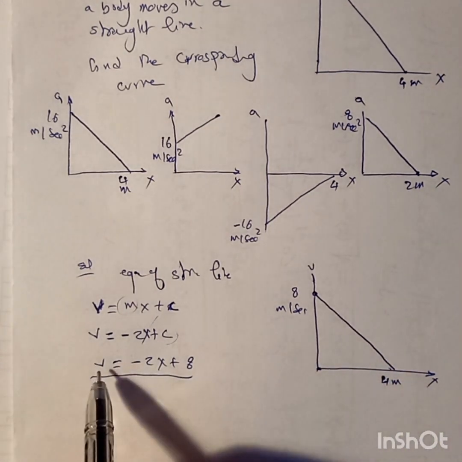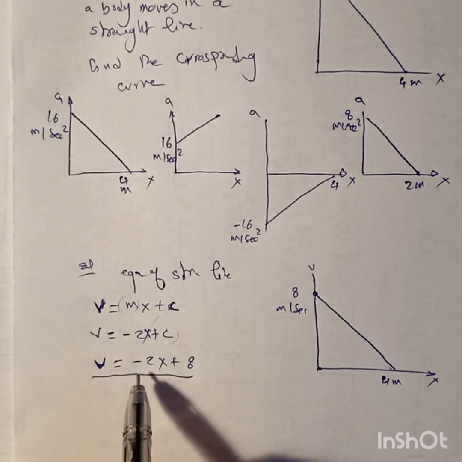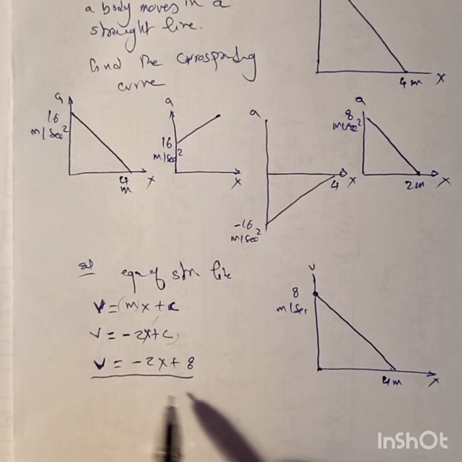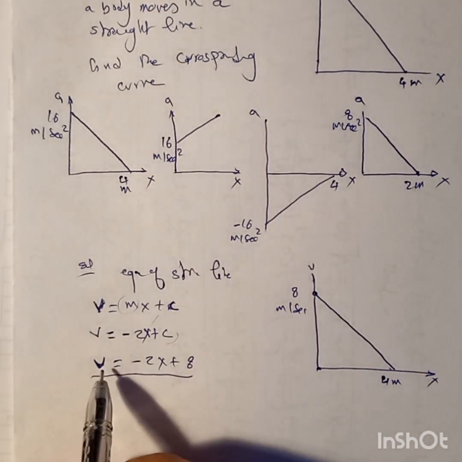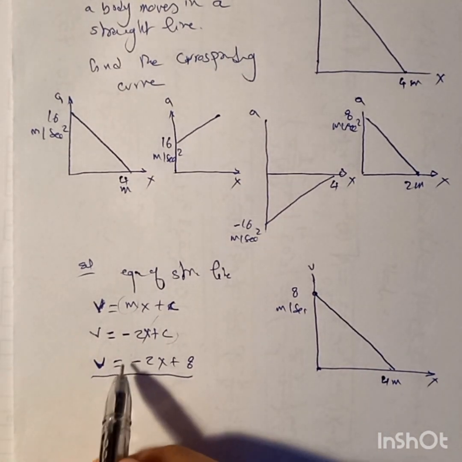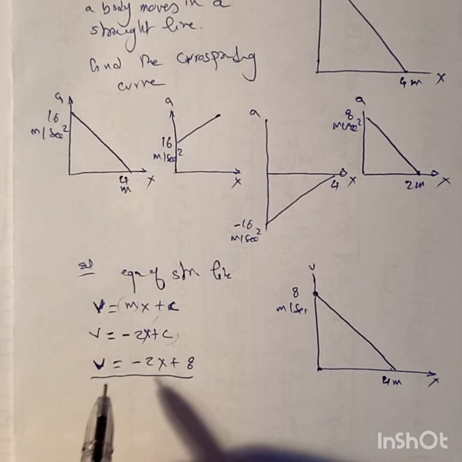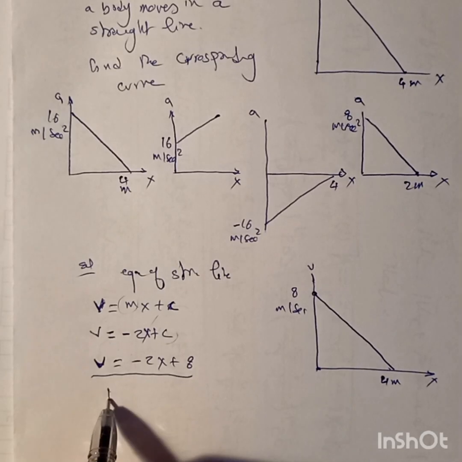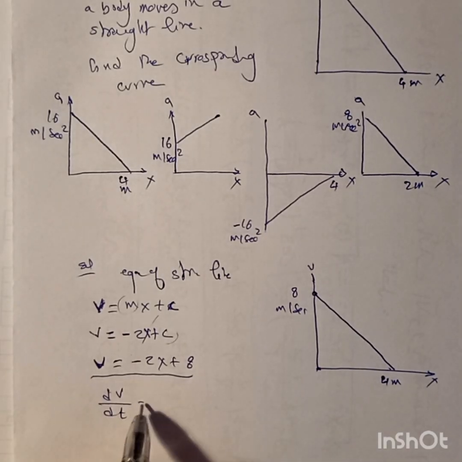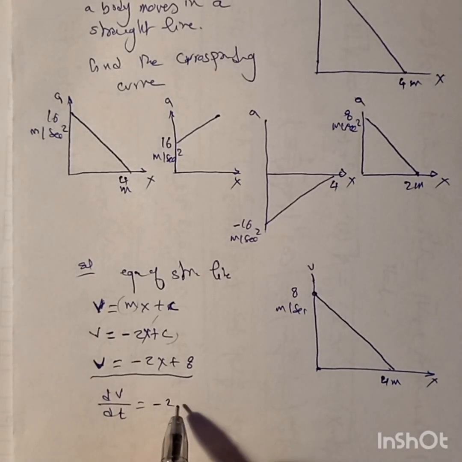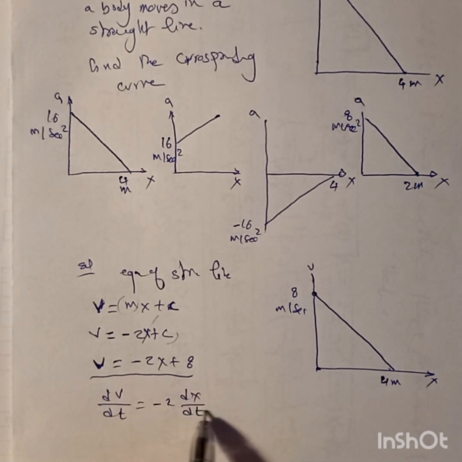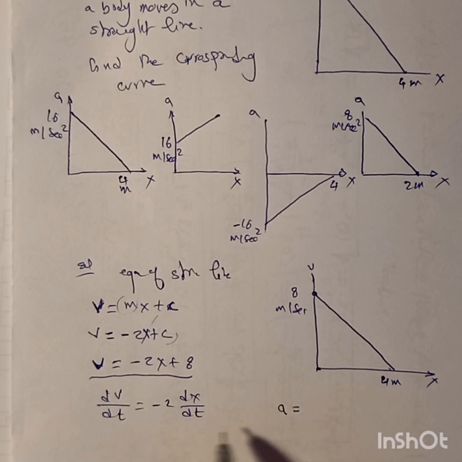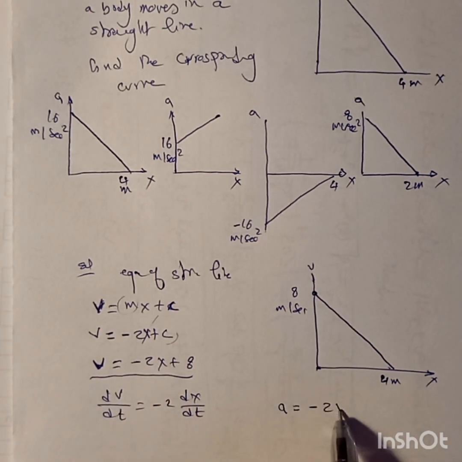This is the equation of this straight line representing the relation between velocity and displacement of this moving body. To find the acceleration of this body, we have two solutions. We can take the first derivative with respect to t. For example, dv/dt equals negative 2 dx/dt, so acceleration equals negative 2v.